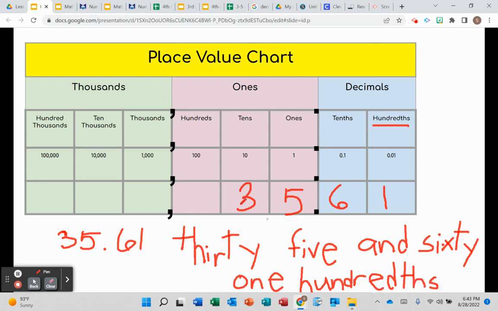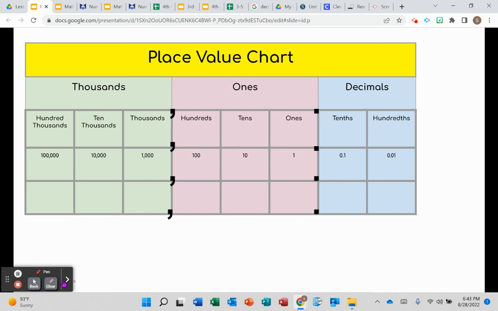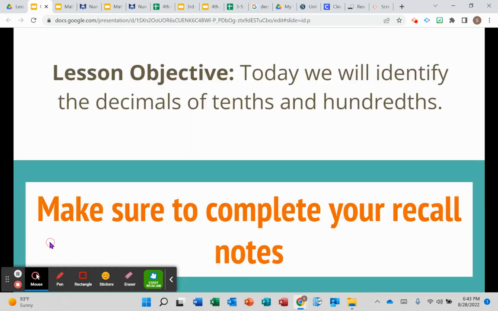All right, so this will be our word form of how to write down 35 and 61 hundredths. All right, fantastic. Let's keep going.